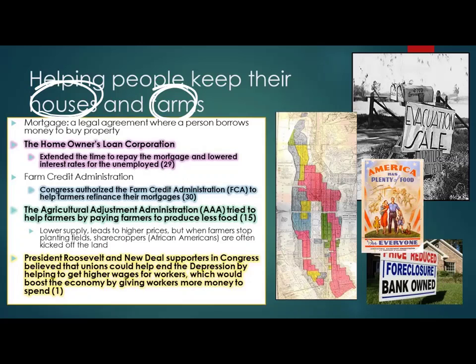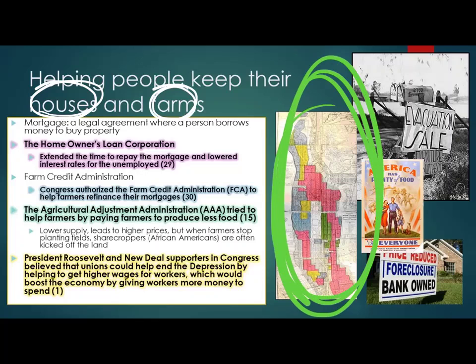So with this law in the first New Deal, FDR says, let's take a look at cities like New York City. Here's Manhattan Island. And let's look at the different neighborhoods in Manhattan Island. If a neighborhood is really risky, we can see that here in red.